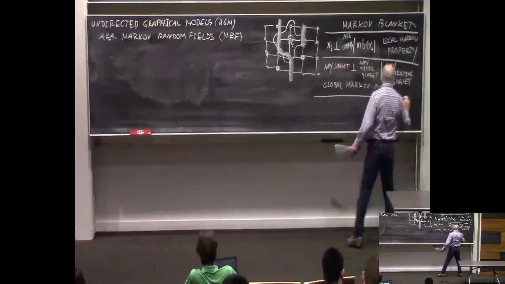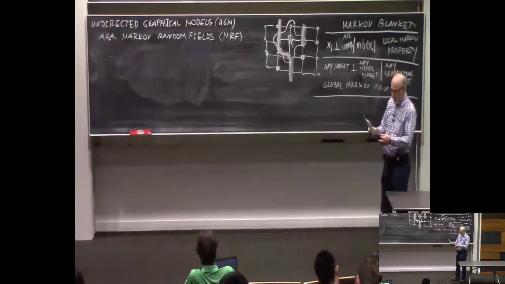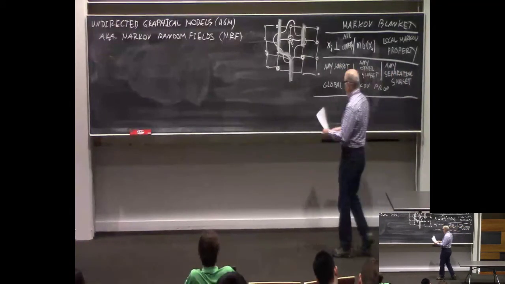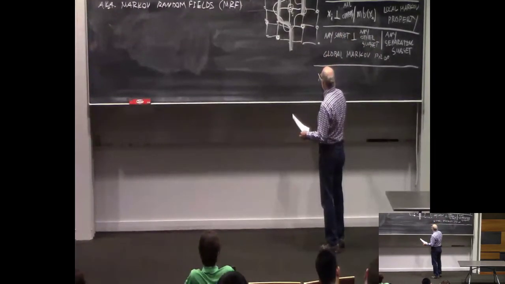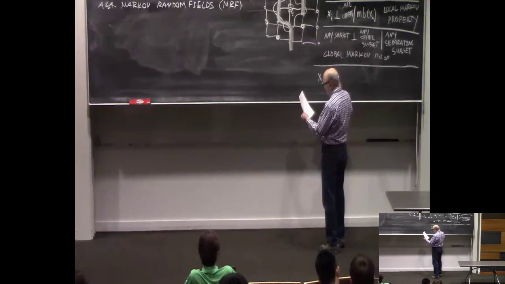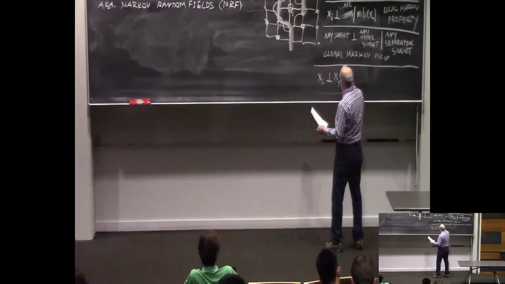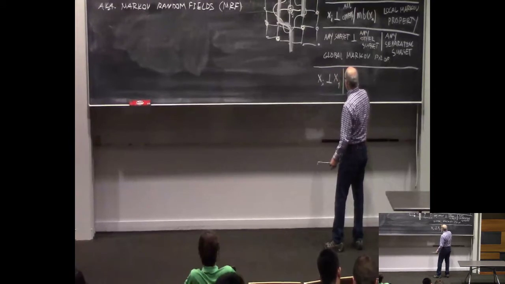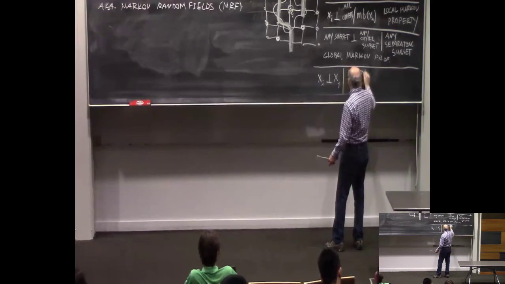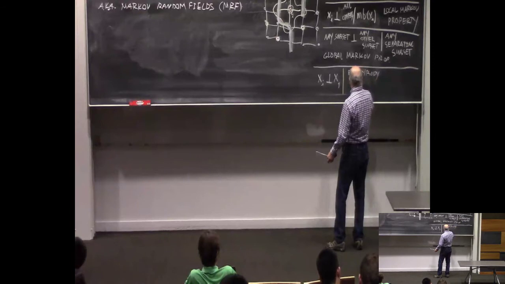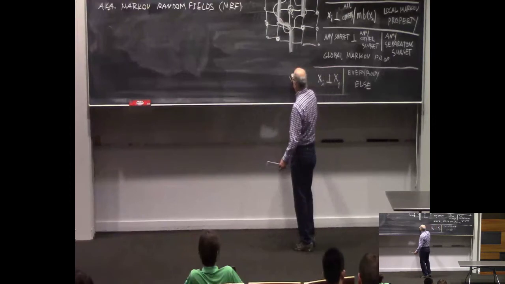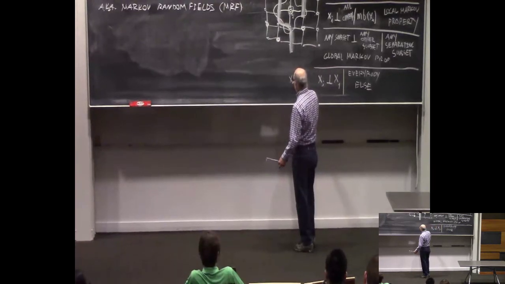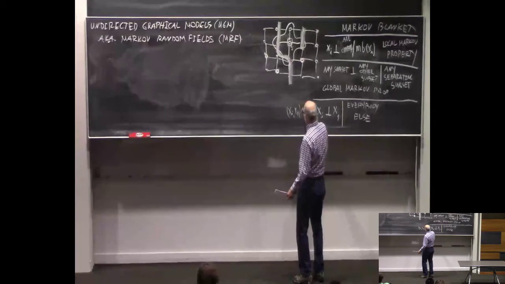And yet there is a third way of specifying these conditional independence assumptions. Every xi is independent of every xj conditioned on everybody else, as long as xi and xj are not adjacent.